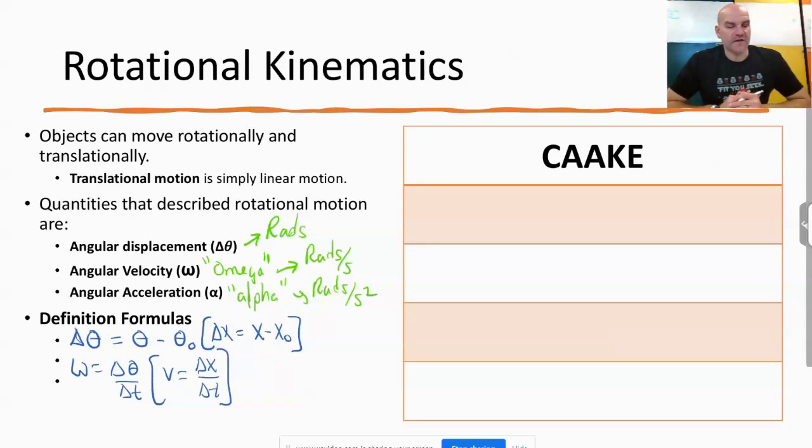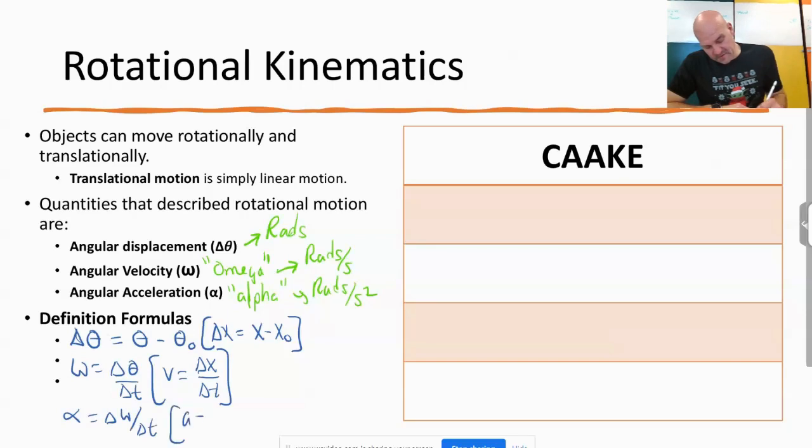So angular velocity is delta theta over delta t. And then you have angular acceleration, which is delta omega, not delta theta, over delta t. And remember, that has the equivalent of delta v over delta t for acceleration.